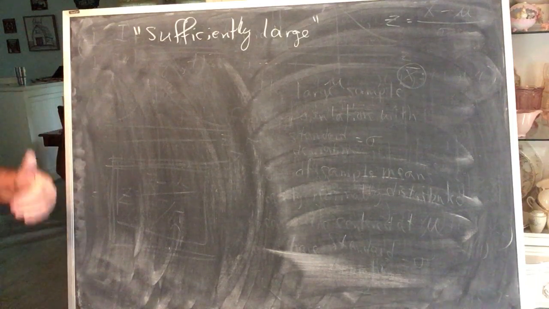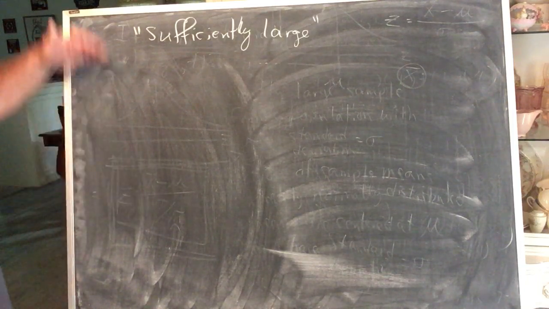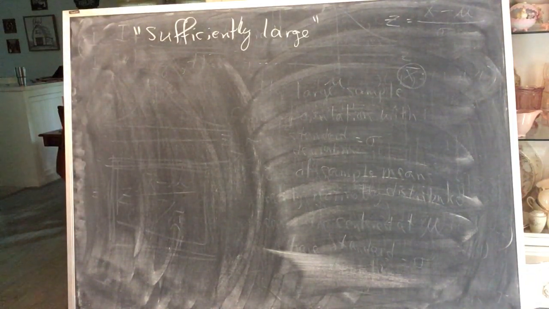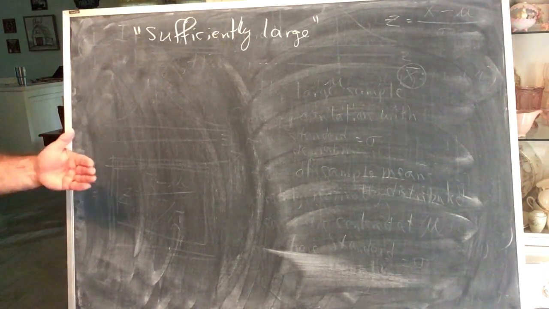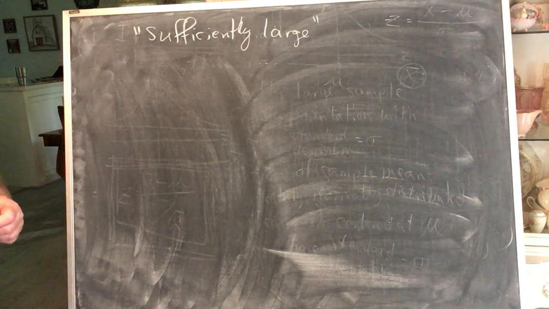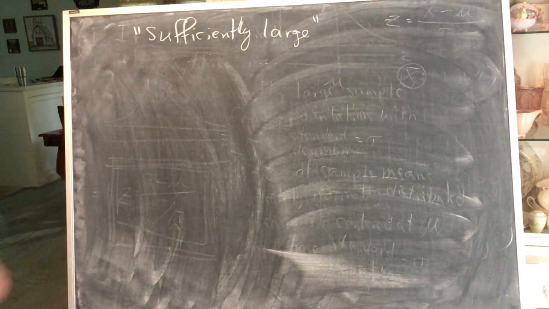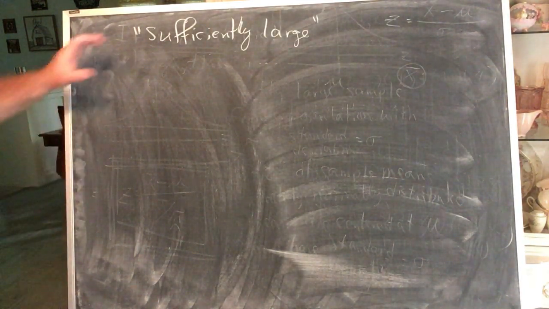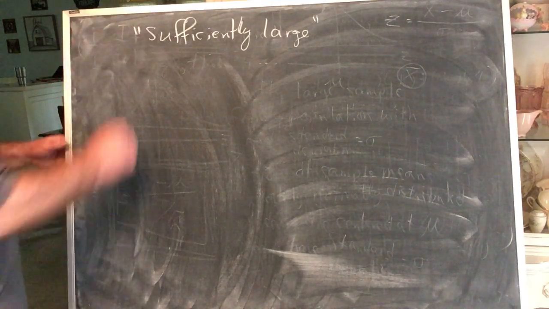If you meet either of these two conditions, then you have met the requirement. You do not need to meet both of them. If you do meet both, so much the better, but either one is enough to meet the sufficiently large standard.